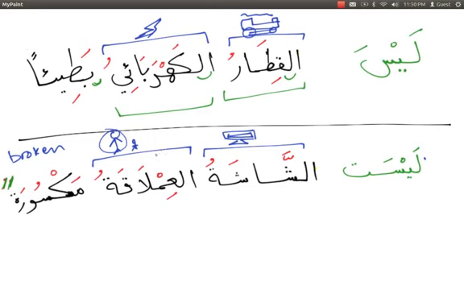Perfect. Now, one piece of information for you. This is a grammatical issue. You can say ليست الشاشة العملاقة مكسورة. But if you want to sound more fluent, it's actually ليستِ الشاشة العملاقة مكسورة.